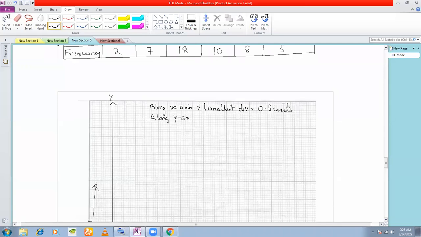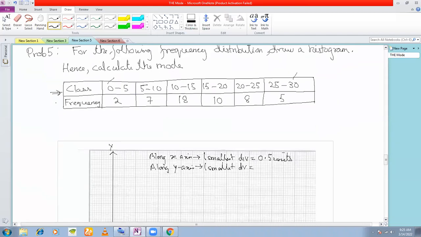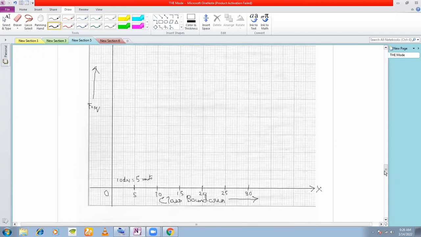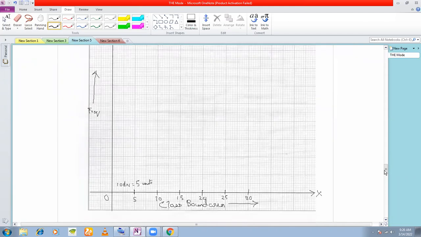Now we shall decide the scale along the y-axis. Let's see how to decide the scale along the y-axis. What do you have to plot along the y-axis? You will be plotting the frequency along the y-axis. The lowest frequency is 2, and the highest frequency, if you see here, is 18, right? So what is the kind of scale that you are going to take here?